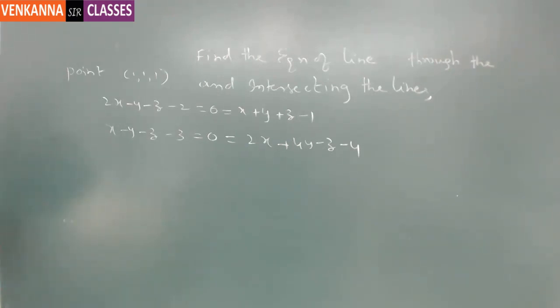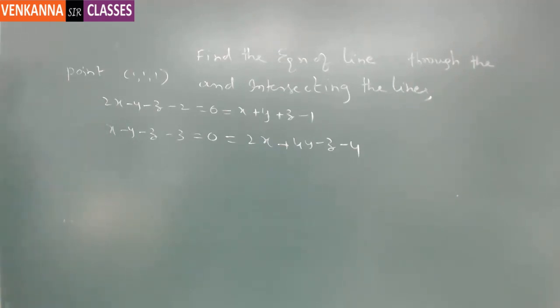Right. Now, here the objective of the question is to calculate the line equation. It has two properties. One, it is passing through the point (1, 1, 1). In other words, it contains the point (1, 1, 1), and it is intersecting line 1 and line 2.